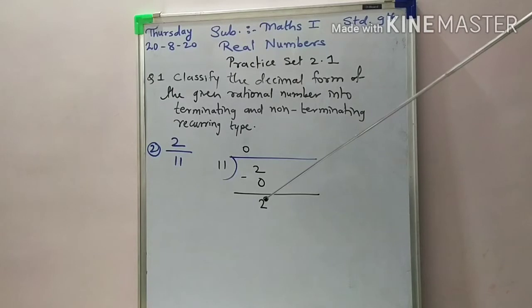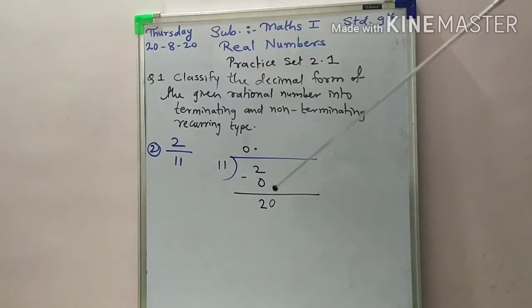Okay, now what we do is divide the number 2 again by 11. Here we take that decimal, so we can take that 0 over here. As you take that decimal point, now you can take 10 on that 2, so the next number is 20.